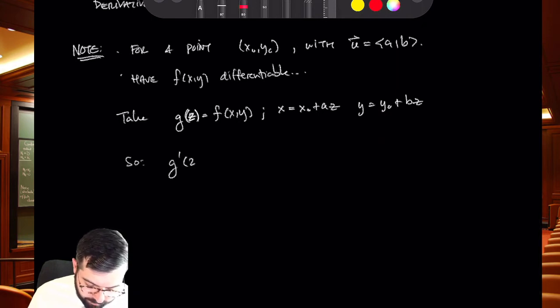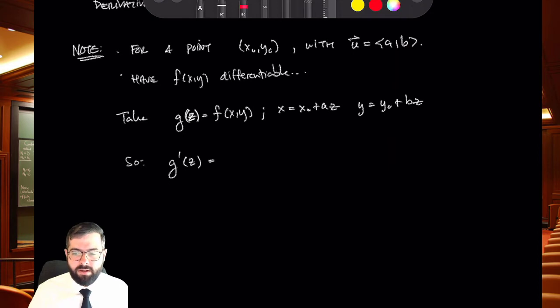so that what I can do is look at g prime of z. Because when I do this, I use the chain rule.